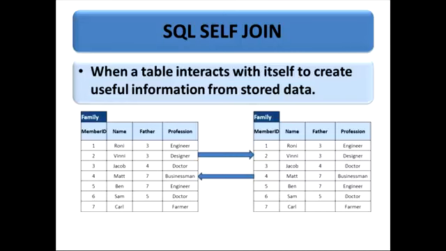Now, when and why to use this self join? Here, let's put a question in front of us and then try to answer it. While answering it, we will be clear when we should go for self join and when we should not. Here we can see that we have member information and the father information along with the profession of each member. But do we have the father name directly provided here?